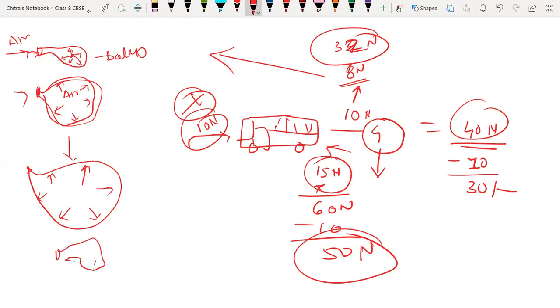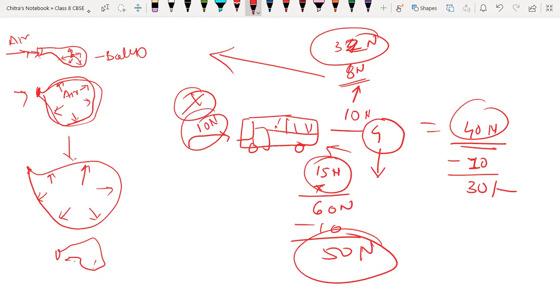When we increase the force by filling more air inside the balloon, the air particles apply more force. More air, more force. Less air, less force. So the wall of the balloon cannot withstand that particular pressure or force and will burst.